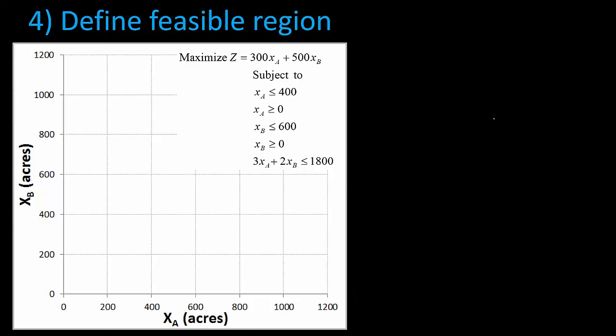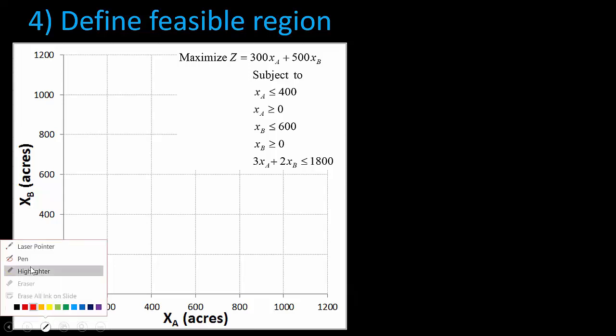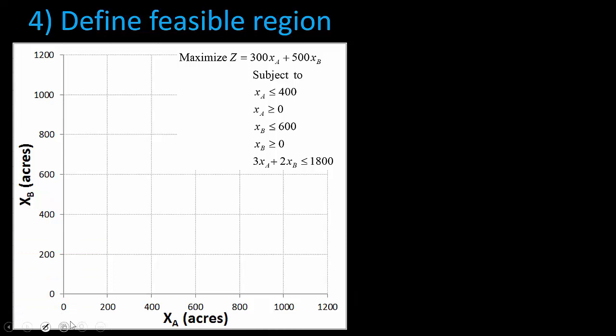So the constraints here are telling us that crop A we have to use from 0 to 400. How can we use this information to define this feasible region? XA has to be greater than 0, so this value has to be on this side, an arrow towards this direction.